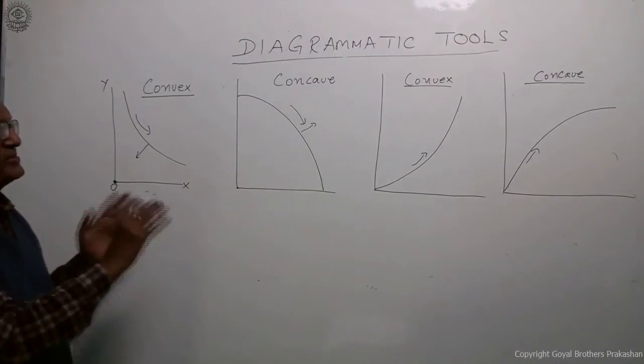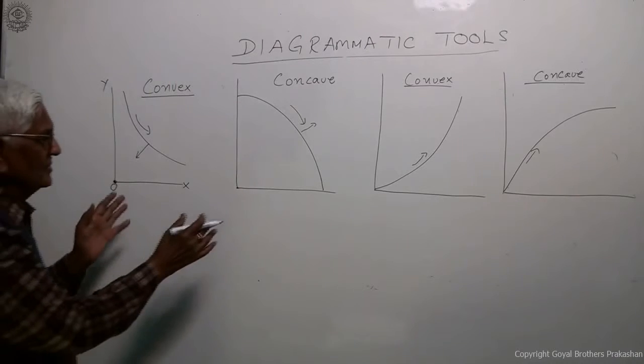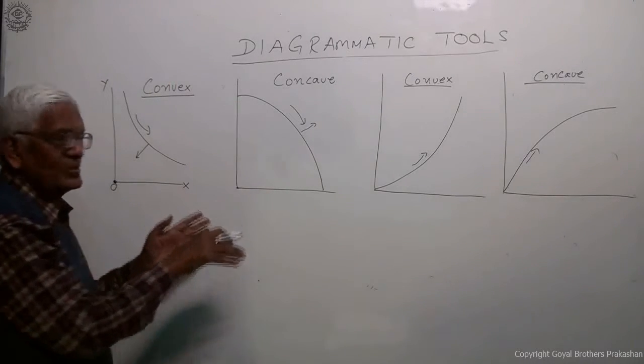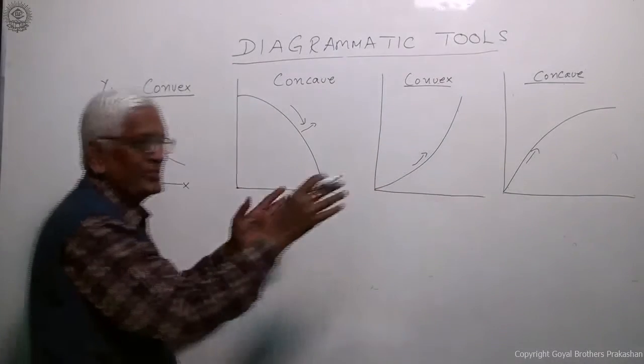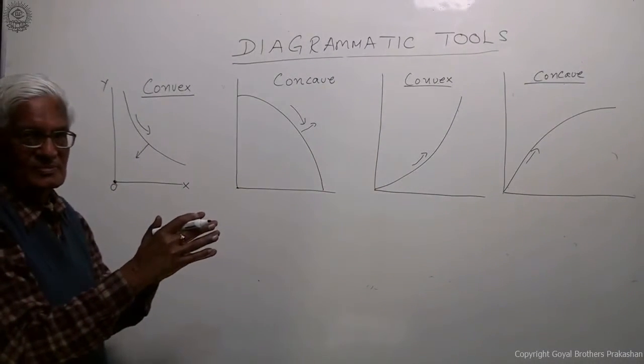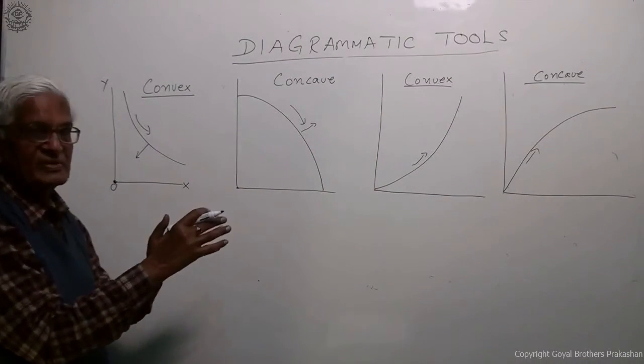Now, what is the basic difference between the two? These two are downward sloping and these two are upward sloping. That is the difference.